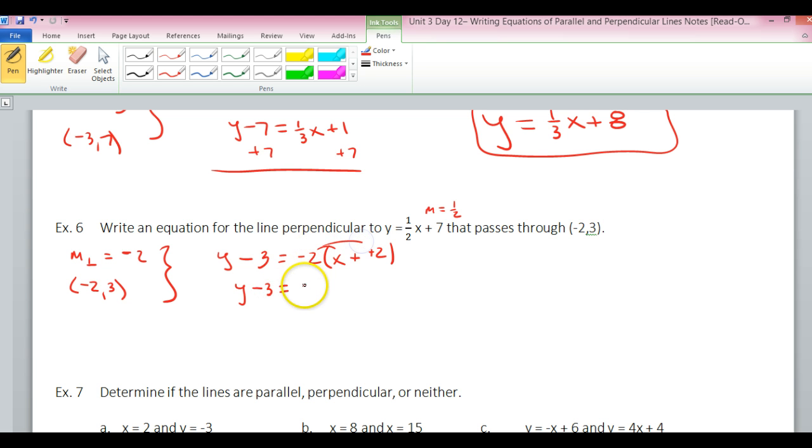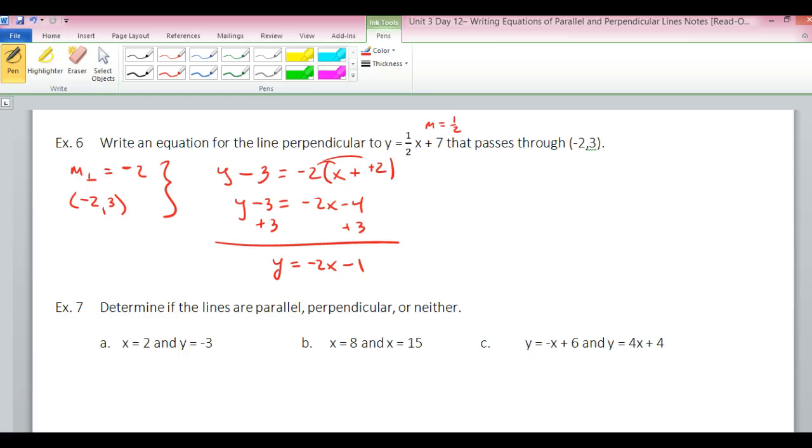Distribute the negative 2: negative 2x minus 4. Add the 3. Y equals negative 2x minus 1. And we are done. So again, the only reason you need this equation is you need the slope from it. Once you have the slope, you are done with it.